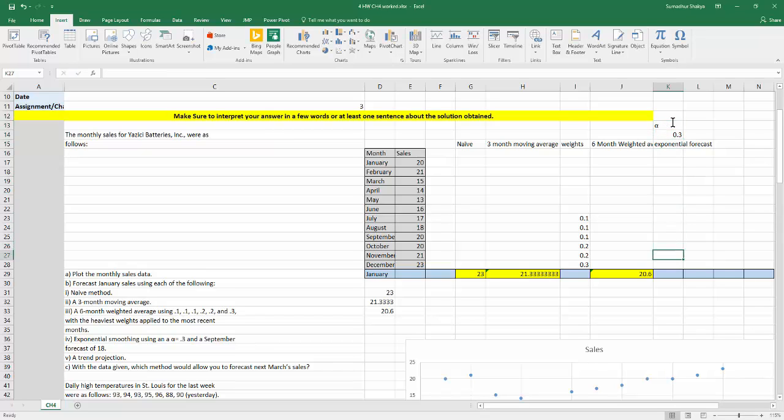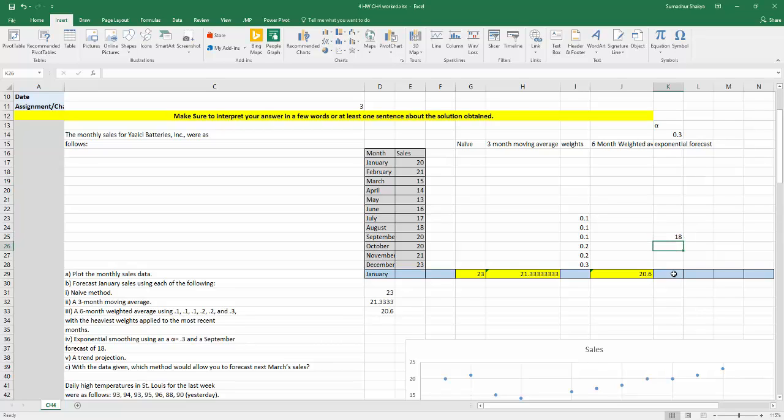So first thing, in order to use this, I need the forecasted value for the previous period, because you remember it makes a correction to the previous forecast. So let's read it again carefully. Exponential smoothing of alpha equals 0.3 and September forecast of 18. So they have given us a starting point such that the forecasted value for September can be used as 18.